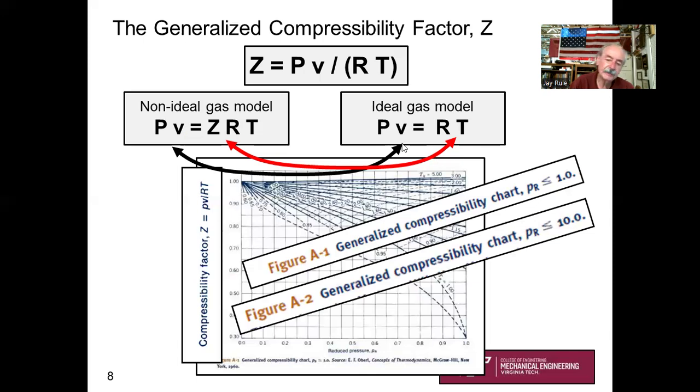Whatever this Z is, and I'm going to show you how to find a value for Z. We're going to go through an example problem using these figures, generalized compressibility charts. That's coming ahead, okay? But do you see visually how Z, some number that might be a little lower than 1, might be a little higher than 1, is sort of an adjustment? It's a numerical adjustment to the ideal gas equation of state.